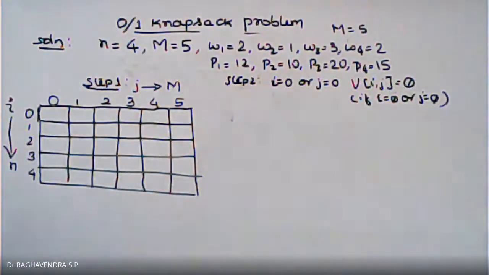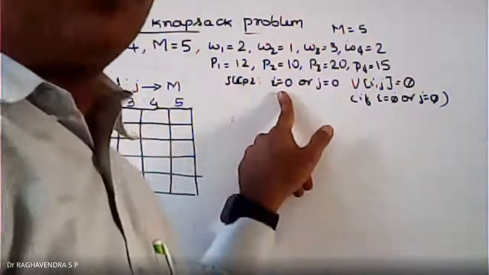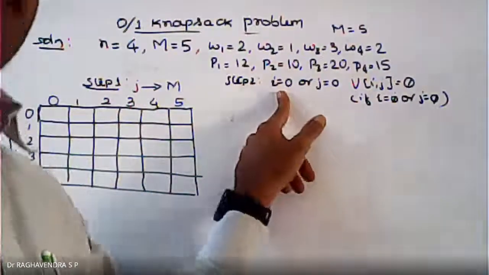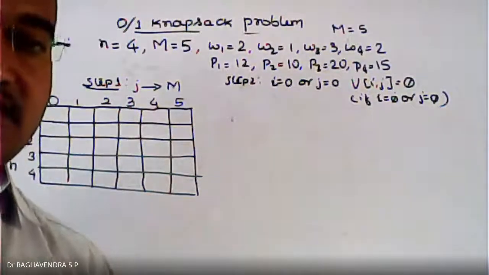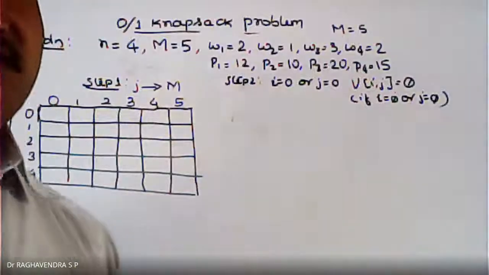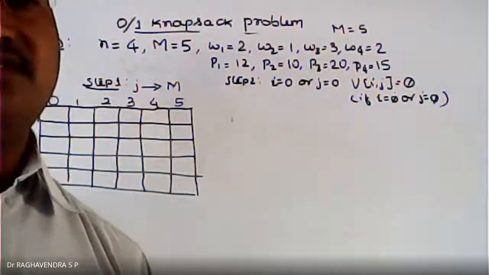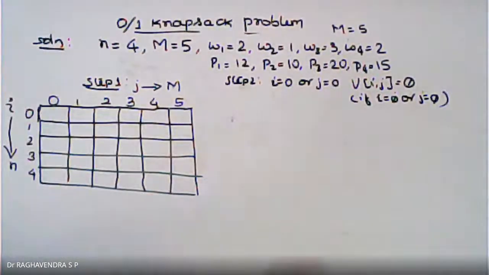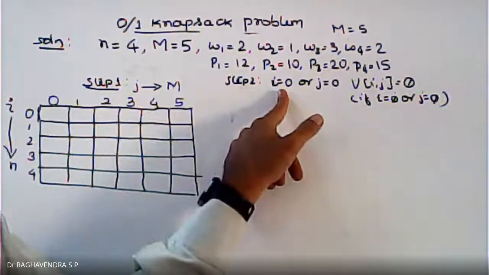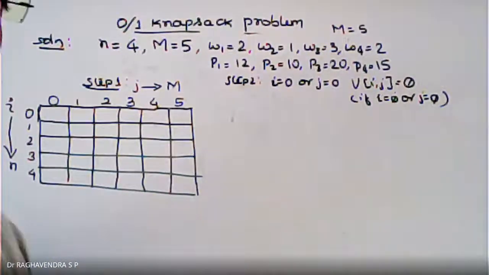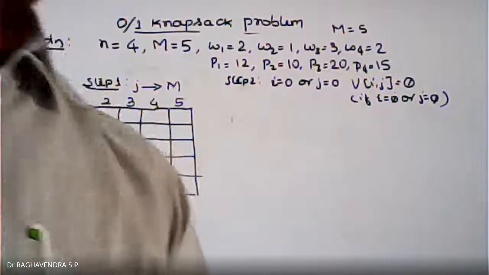Okay, write below. When I is equals to 0, what is the meaning? I is equals to 0 means item equals 0, meaning no item can be taken for insertion.